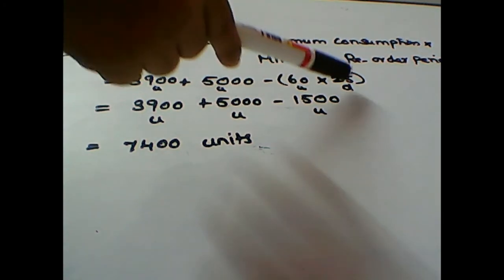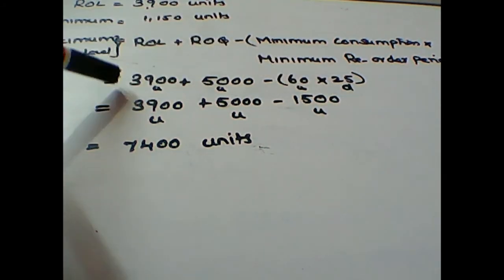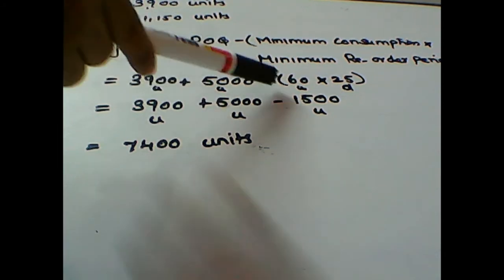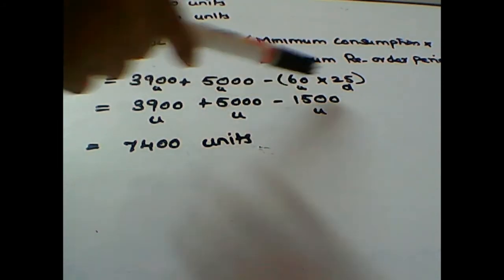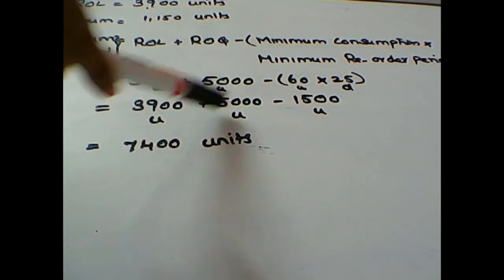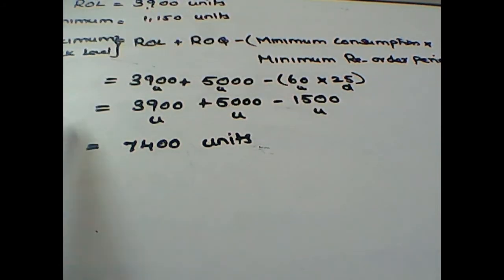So here we have written the minimum reorder period as 25 days. So this is 3900 units plus 5000 units minus 60 units into 25 days. By calculating this, we get 3900 units plus 5000 units minus 1500 units. Finally, our answer for maximum stock level is 7400 units.